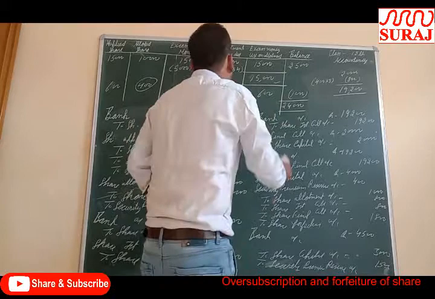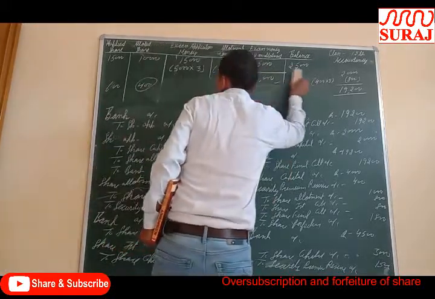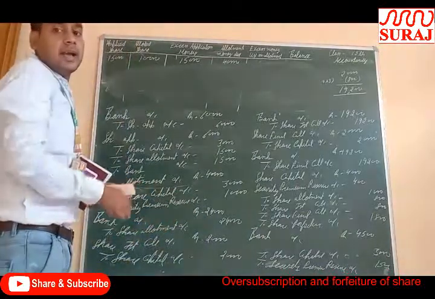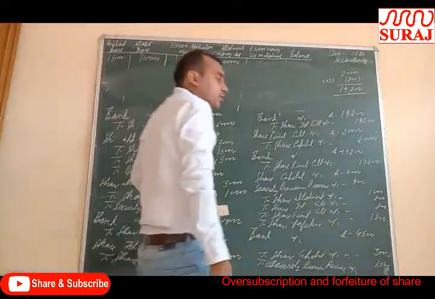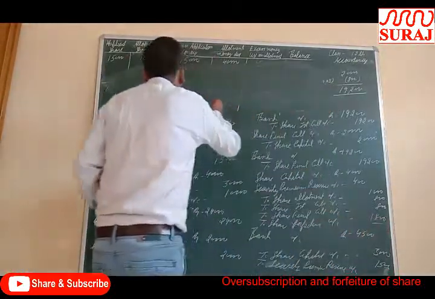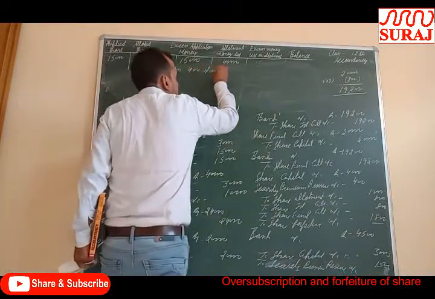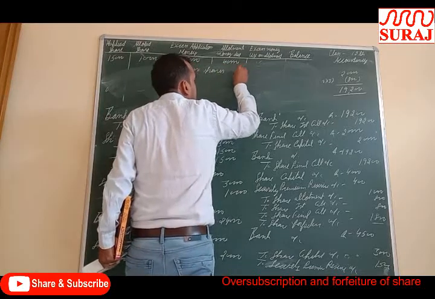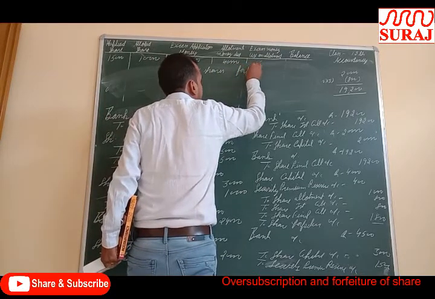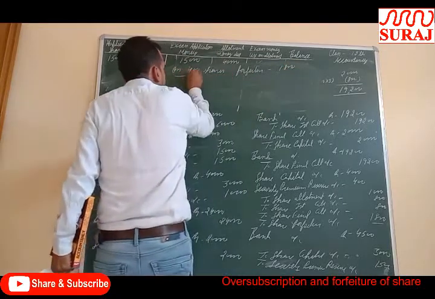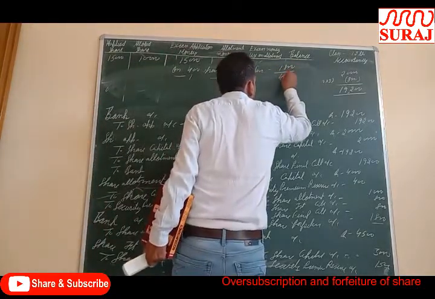The shares which are reissued, their share forfeiture is transferred to capital reserve. Forfeited shares 400, reissued 300. On 400 shares forfeiture is ₹1,800. On 1 share, forfeiture is ₹1,800 divided by 400.